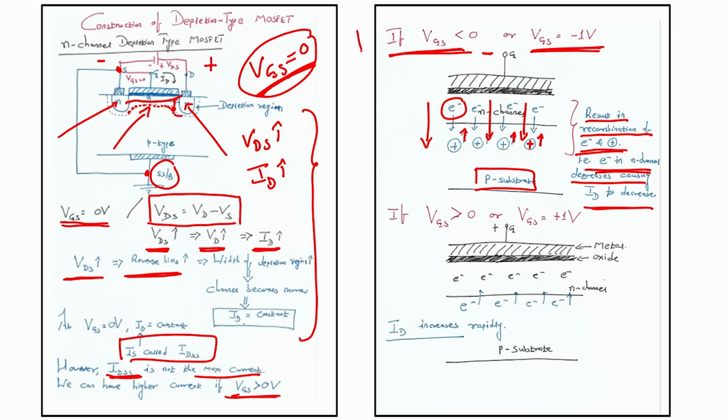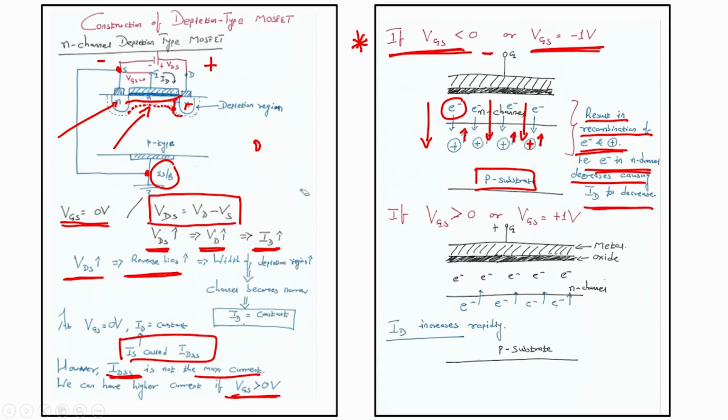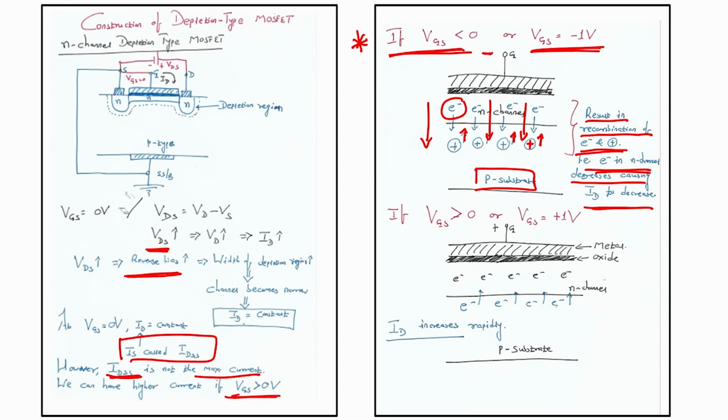If I have this particular condition where my VGS is less than 0, the electrons from the channel will be pushed down, the holes will be pulled up, and there will be recombination of holes and electrons, and ultimately what I see is a decrease in the channel, and the current ID will also decrease. Okay.